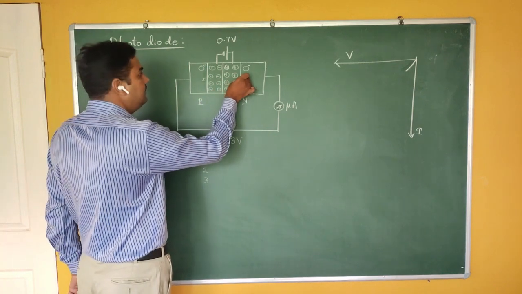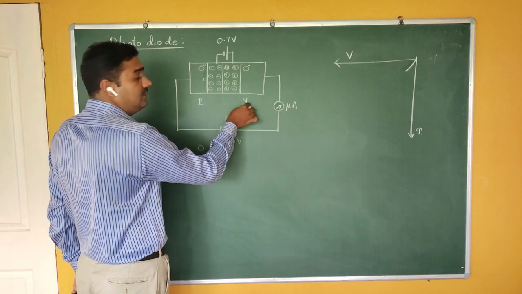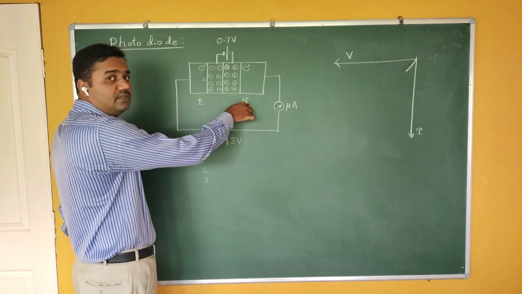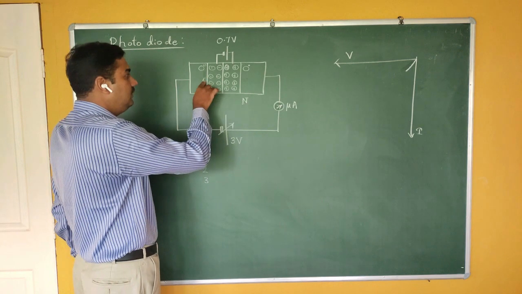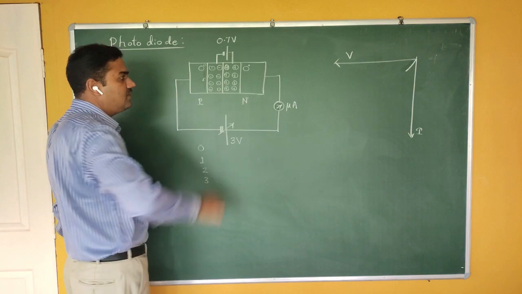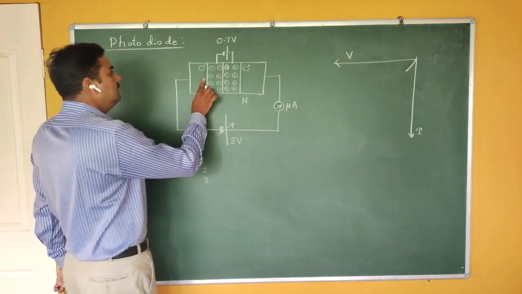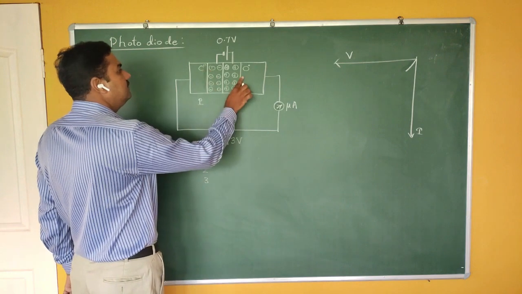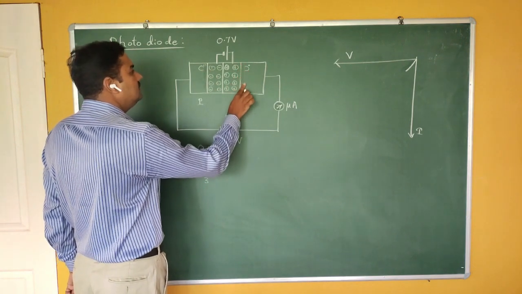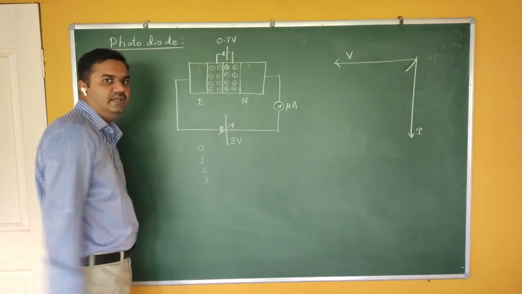On the other side, in the n type the majority are electrons, but there are certain holes also. When this electron combines with this hole, there may be some deficiency of holes also, so now some gap is created here. Near the depletion region some vacancy is created.